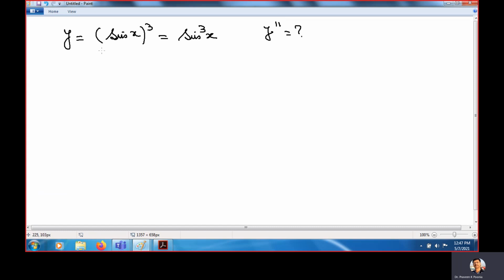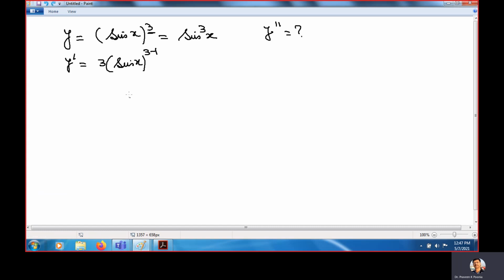Clear? So to calculate y double dash, first we need to find y dash. What is y dash? For y dash, first you need to differentiate the power. You can solve this question with the help of chain rule also, but after chain rule, I explained how to differentiate directly. So first we differentiate the power: 3 sine x power 3 minus 1. Let us consider it is x power 3.